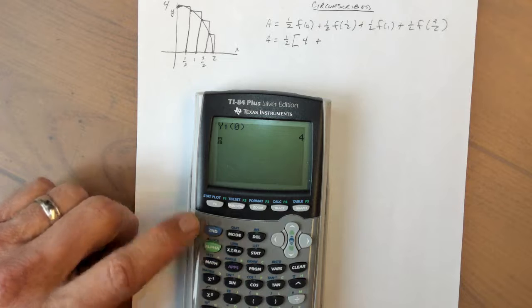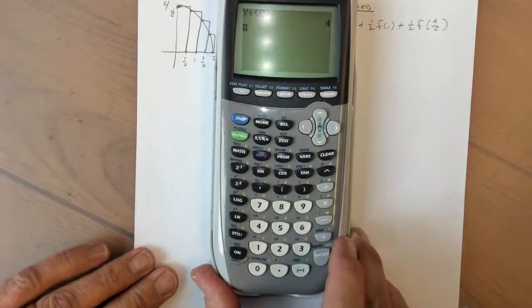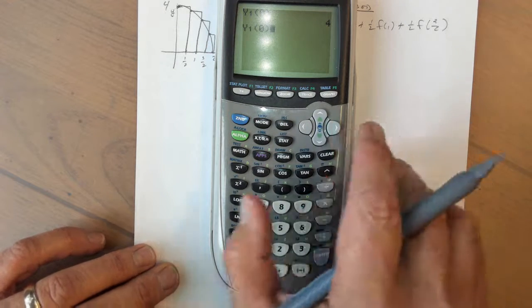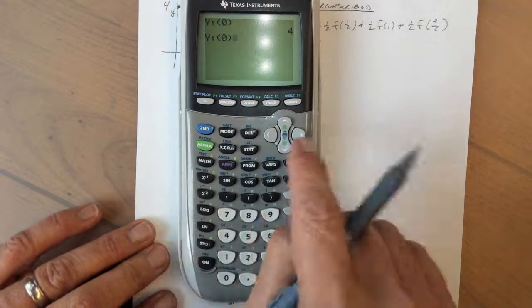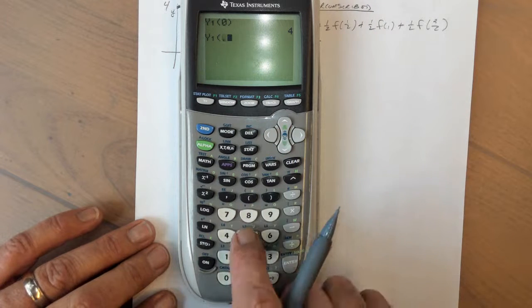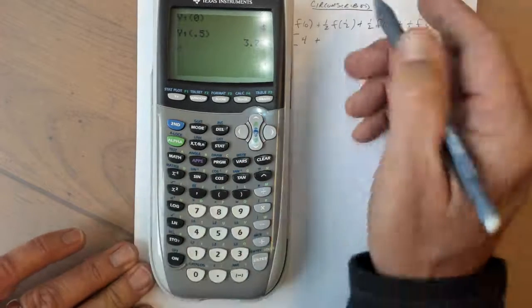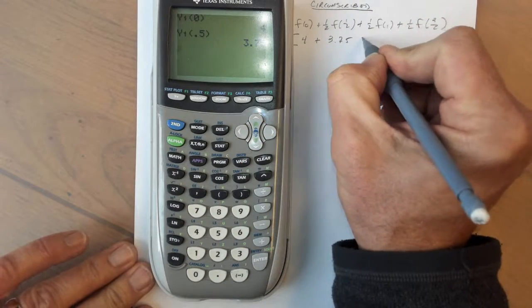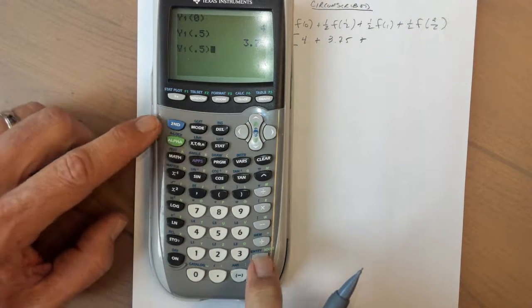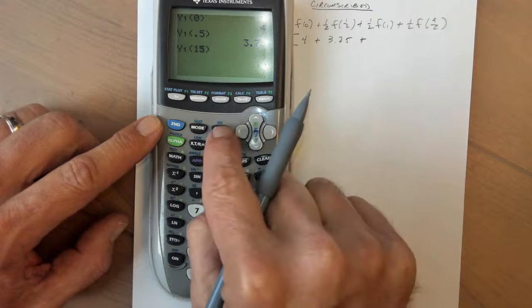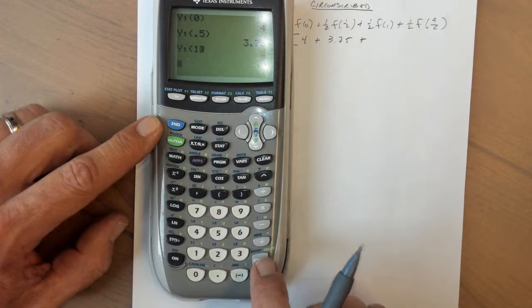And if I hit second, enter, that brings up the previous command. And what we want to do now is scroll over and enter 0.5 to get that function value. I'll hit second, enter again. I'll hit 1 and delete the 5.